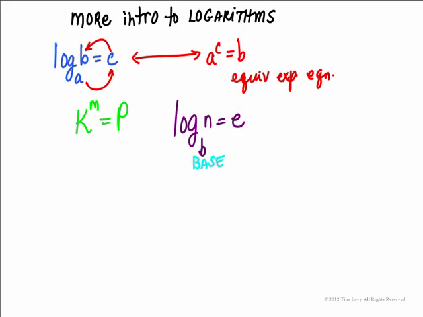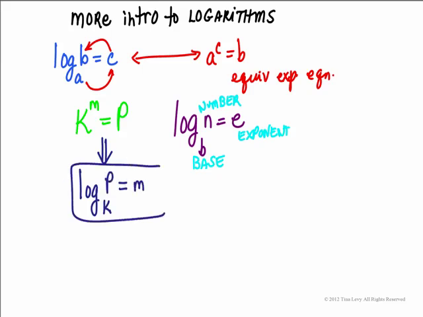Out here is the exponent. And then the number that you get from the exponential is here. So this particular exponential equation gives us the logarithm log base K of the number P, and the exponent is M. And you can, of course, check it by doing my round robin to see that it says the same.